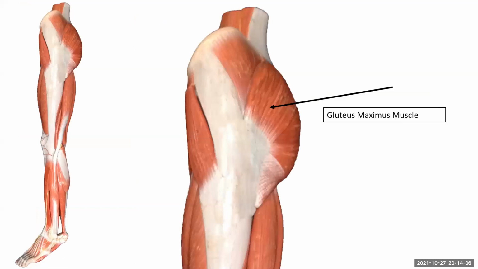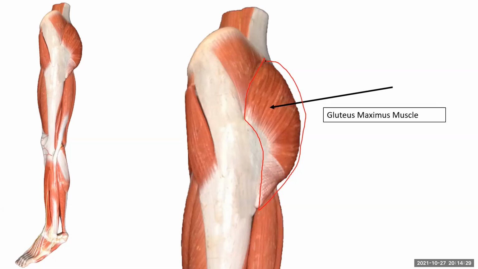All right, let's go to the gluteal region here of the lower extremity. On the back side, the largest muscle here in the gluteal region is the Gluteus Maximus muscle. You're seeing this view from the lateral view here, and I just want to outline, there's Gluteus Maximus, all of that.